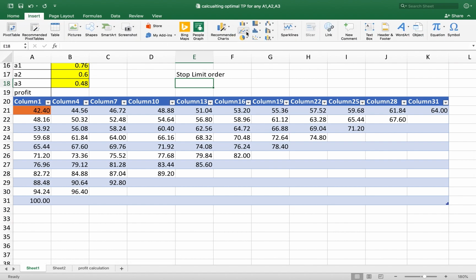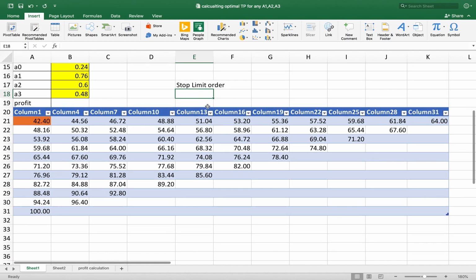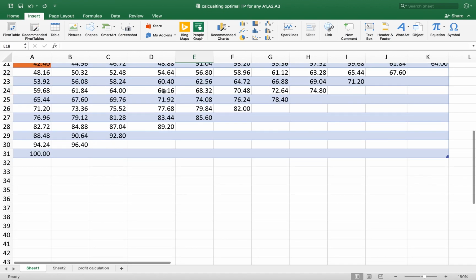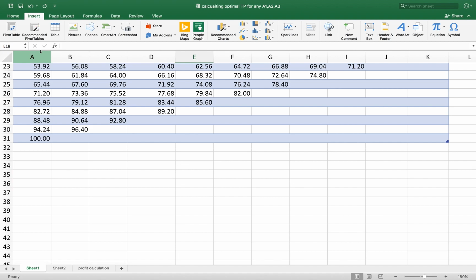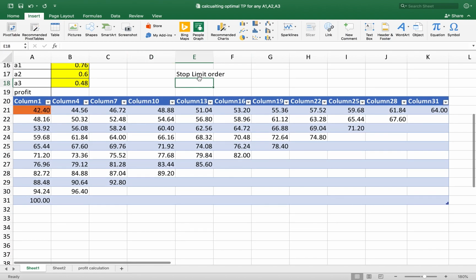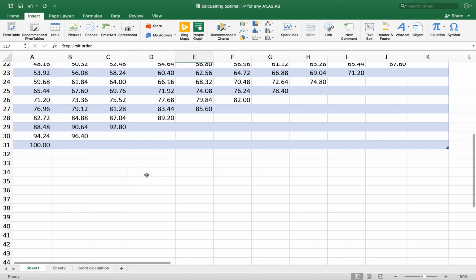If I could draw on this somehow, that would be great, but I don't think I can. I'm sure I can, but I just don't know how. So, a stop limit order, what it will do is, maybe I can find some arrows. Yeah, I won't waste too much time. So a stop limit order is for when, for instance, you have a strategy that triggers on a breakout.